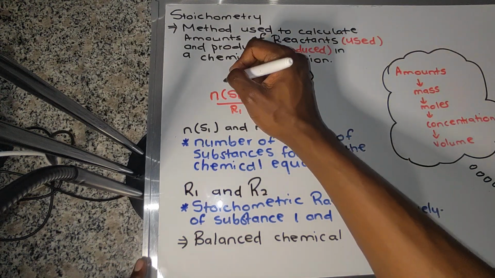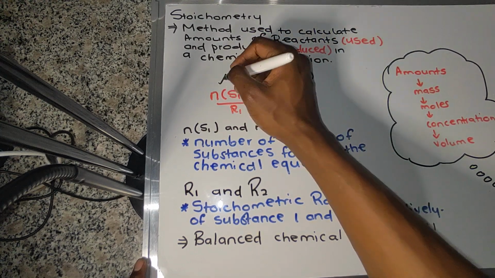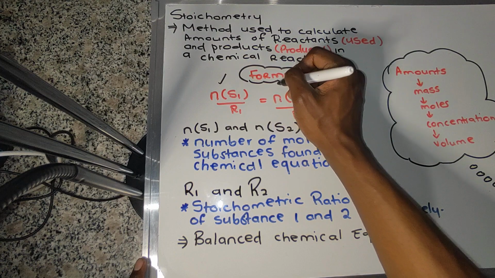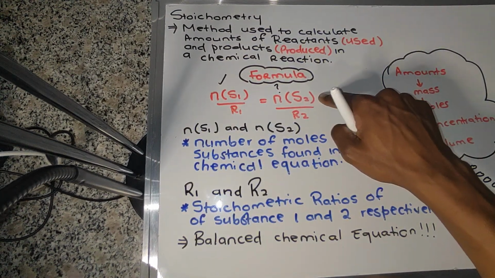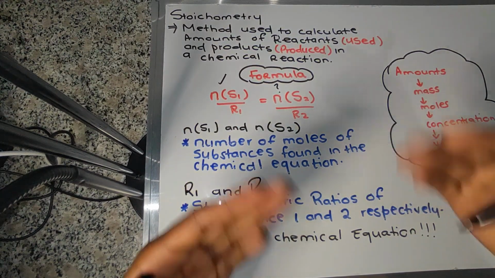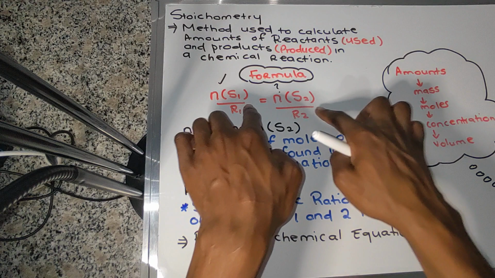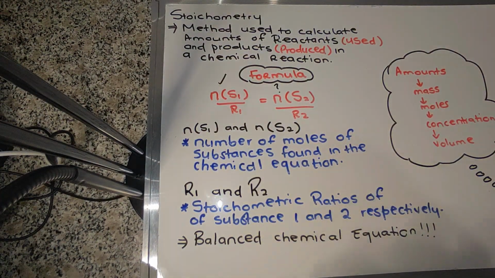You're going to be given one of the number of moles and you're looking for the other. One is known and the other is calculated. And these values R1 and R2 will always be substituted. We're not looking for these values because you take them from the balanced chemical equation.